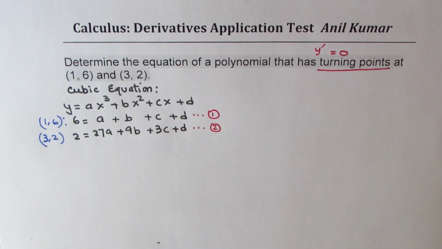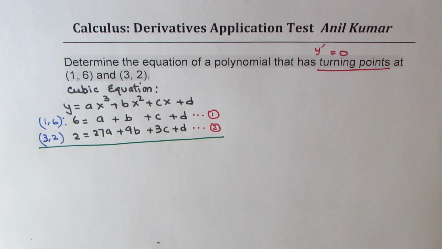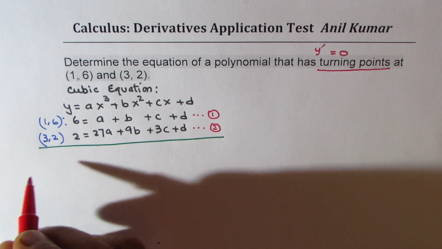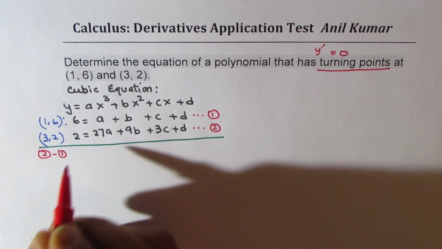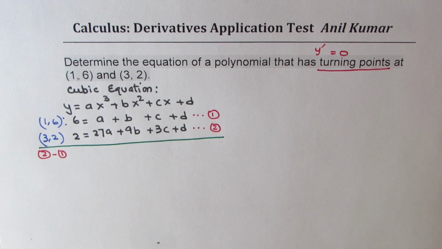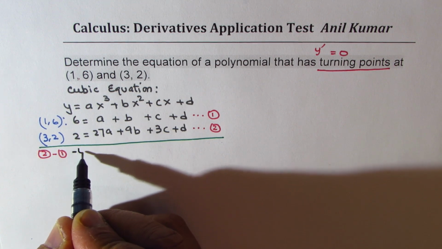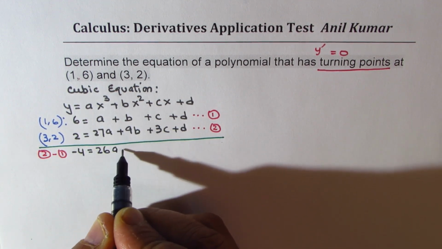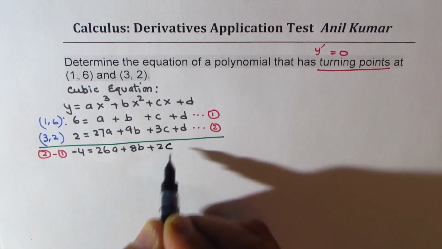Now from these 2 equations, as you can see, we can eliminate d. So if I do equation 2 minus equation 1, then we could eliminate d. 2 minus 1, we get minus 4 equals 26a plus 8b plus 2c.